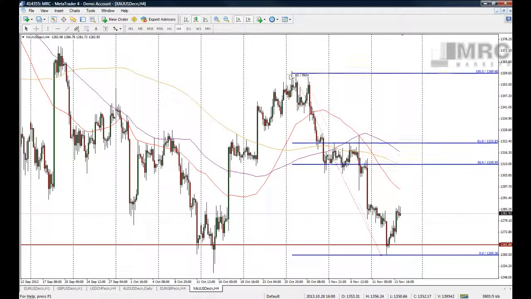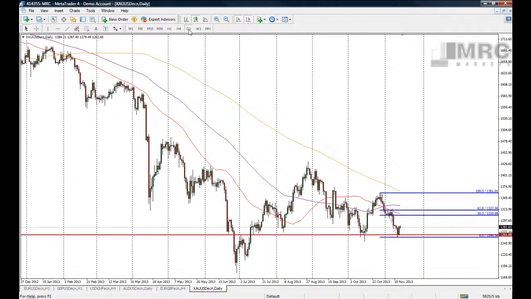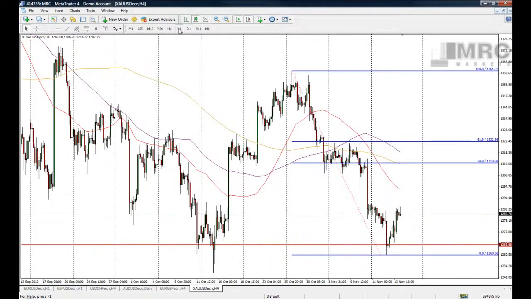If you do get a bounce up, which it looks like it wants to do, especially if you're looking at that daily chart, then this would be the fib here, and the 50% comes out at 1310. So keep an eye out on that one, really. But it has just been chopping around. It's looking for some direction on this daily chart, but there's still some lovely short-term plays, key support levels here. Lots of nice rotation now off the 1265s.